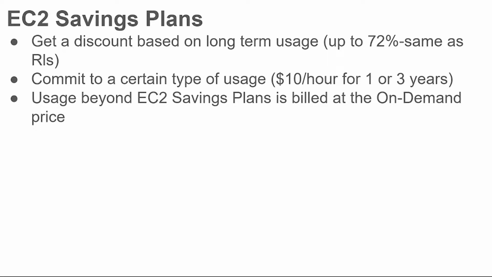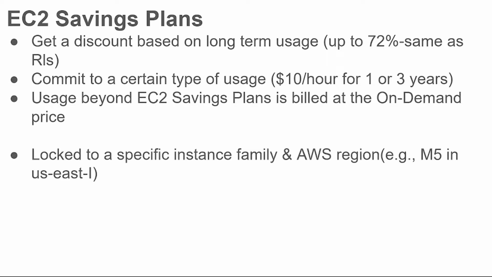Now you will be paying at the on-demand price, because your savings plan has been exceeded. It is locked to a specific instance family, like micro or T2 or T3, and the AWS region is also fixed here, like M5 in US East. So the AWS region is also locked whenever you are working with the EC2 Savings Plan.